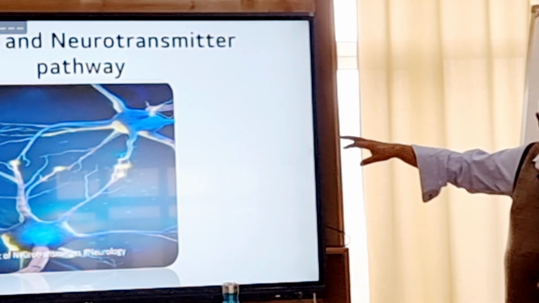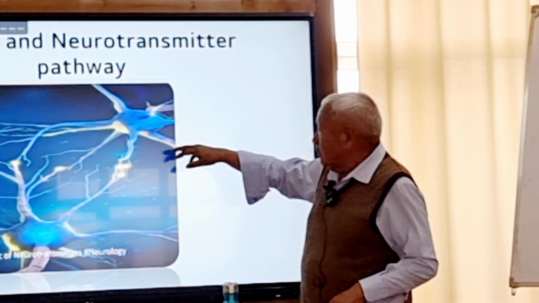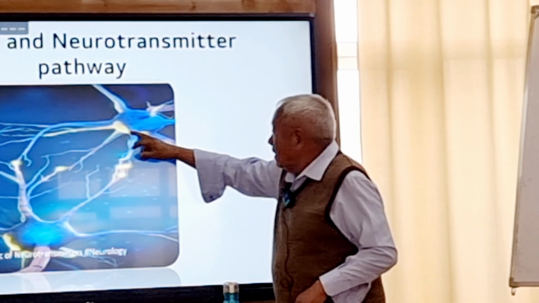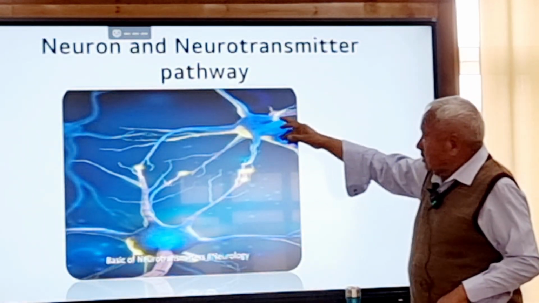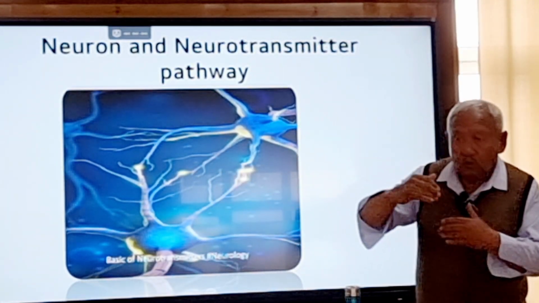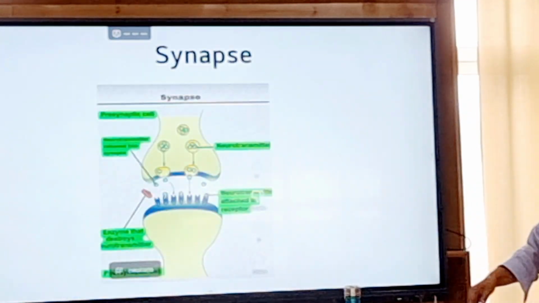This is a diagram of a neuron. So this is the axon terminal. This communicates pre-neuron, post-neuron, and it goes on, neuron to neuron, communicating.